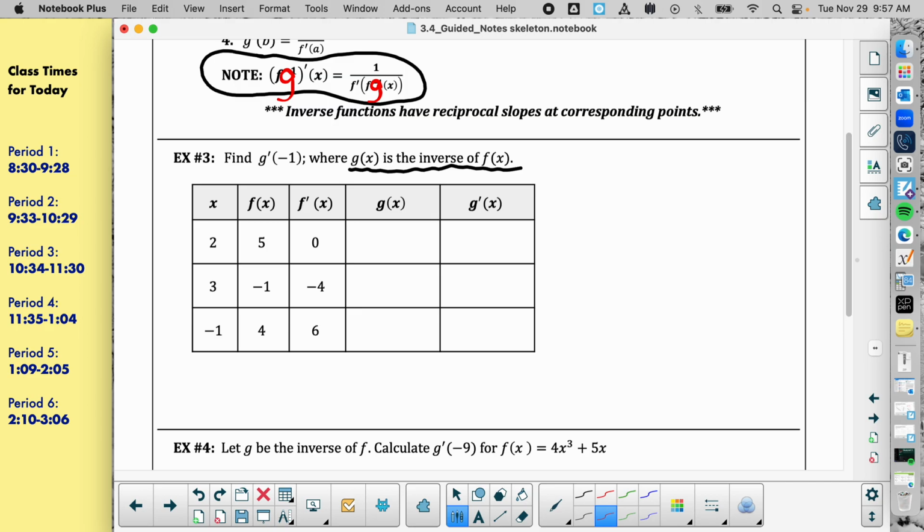So if I'm gonna fill out this formula, G prime of -1. I mean, the advantage is that you can write prime, and it's not gonna be confusing with the inverse. Okay, formula says it is gonna be 1 over F prime of G of -1, sorry.